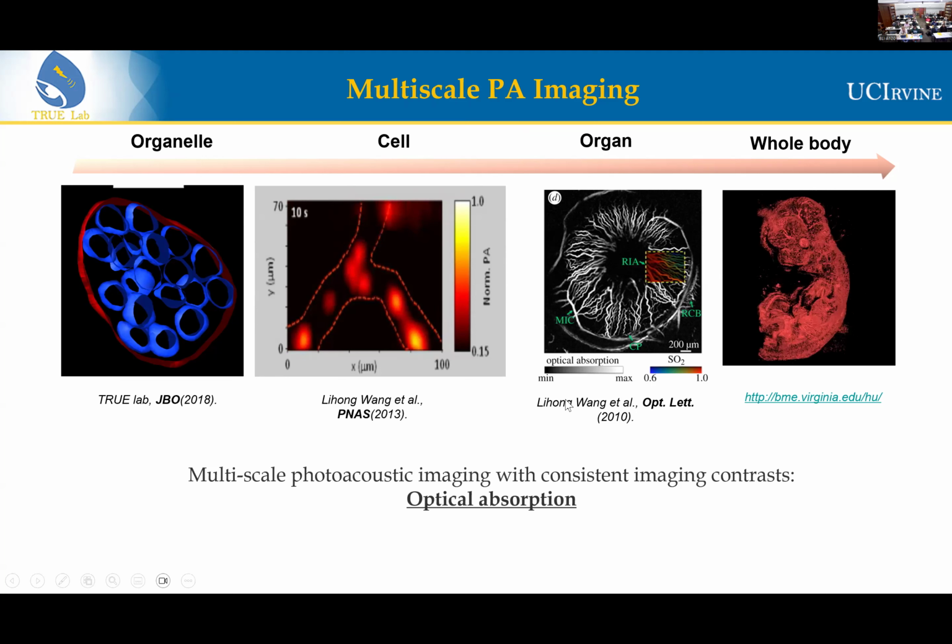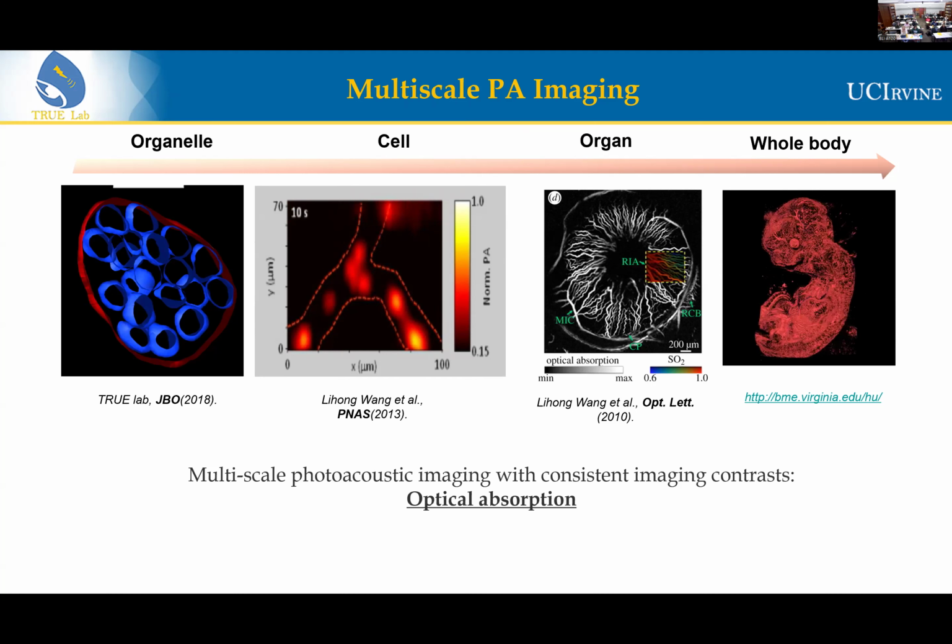And then the third one is another demonstration of organ-size imaging. This is photoacoustic imaging applied to the retina of the eye. You can image these tiny vessels of the entire eye. And the last one is kind of whole body imaging.